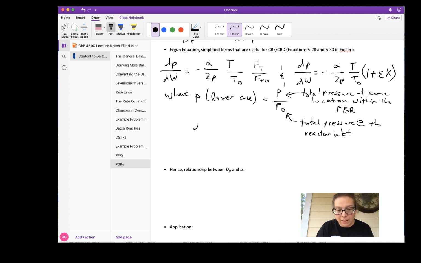Also here we have alpha. This is the Greek letter alpha, and it's the pressure drop parameter. It has units of inverse mass.